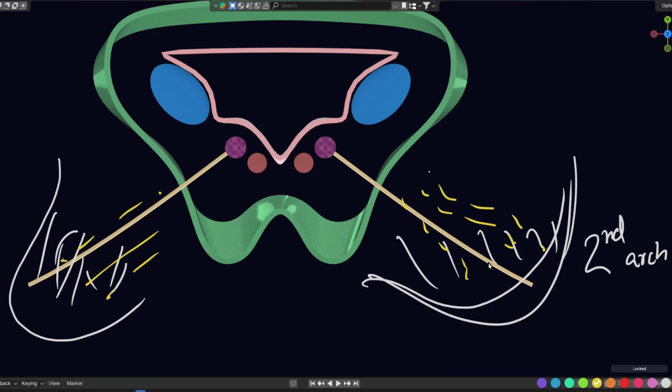But this is the time I am assuming that the nucleus ambiguus might have developed, but the pharyngeal arches to which it has to supply, those pharyngeal arches might not have developed. So because those pharyngeal arches might not have developed, the axons might not have arisen. The axons from the nucleus ambiguus might not have arisen before it migrated.